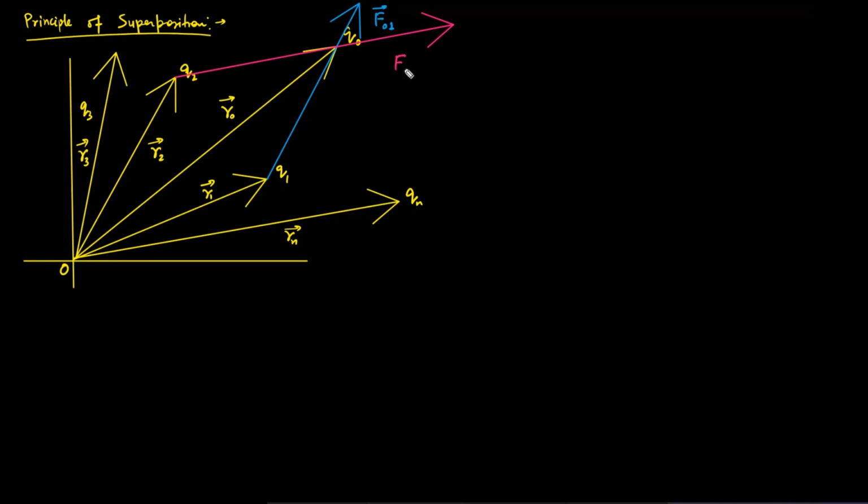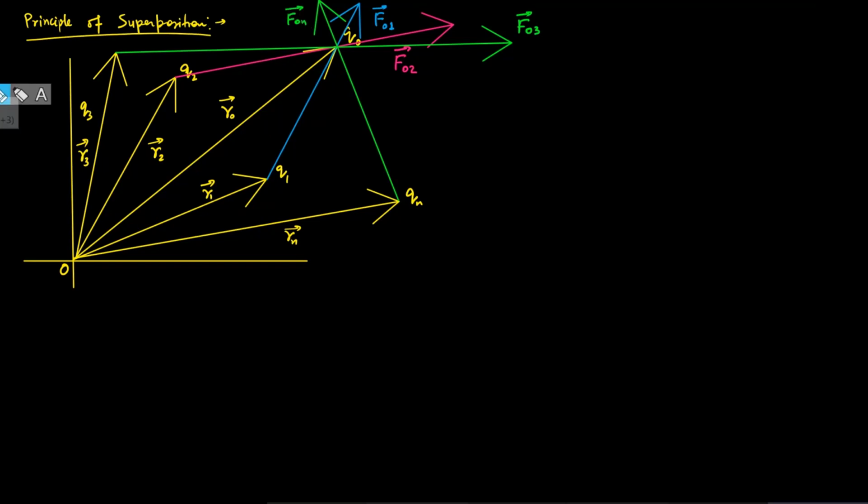Same way I can show you the direction of force on Q naught due to Q3 this way. This will be F naught 3. And same way we can see the direction of force on Q naught due to Qn. This is F naught n.